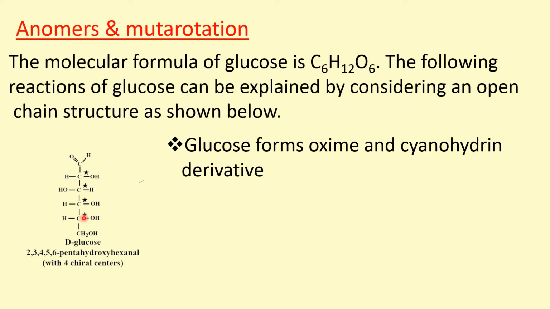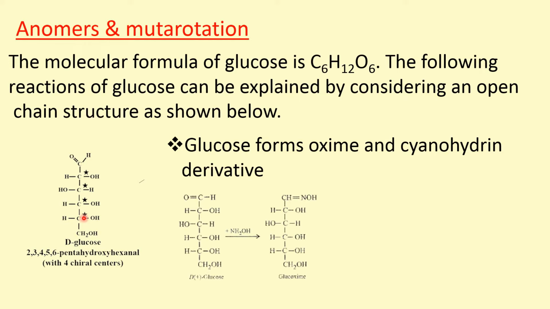Now, glucose forms oxime and cyanohydrin derivatives. See, carbonyl compounds, that means aldehydes and ketones, react with derivatives of ammonia like hydroxylamine, hydrazine, etc. and undergo a condensation reaction whereby a molecule of water is removed.